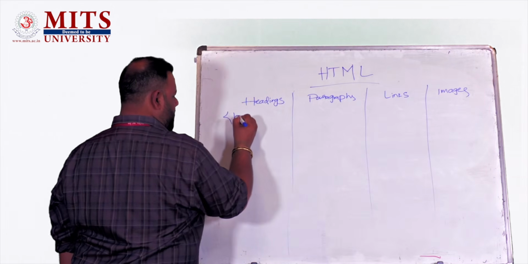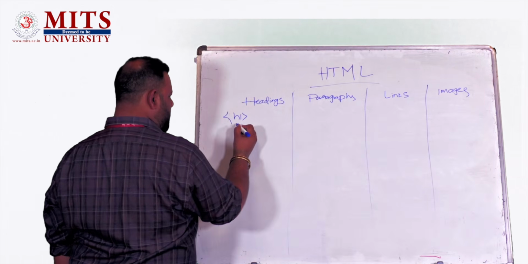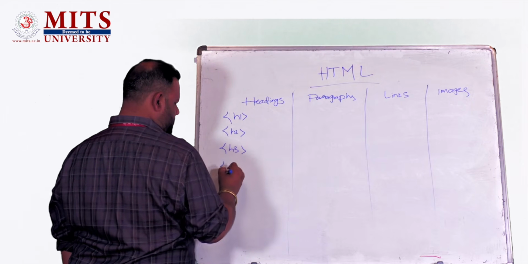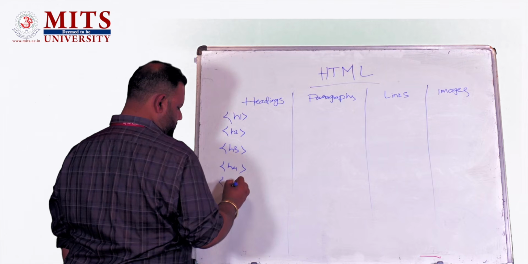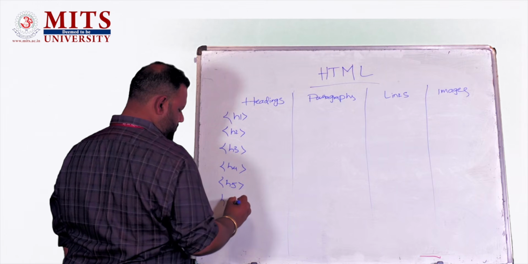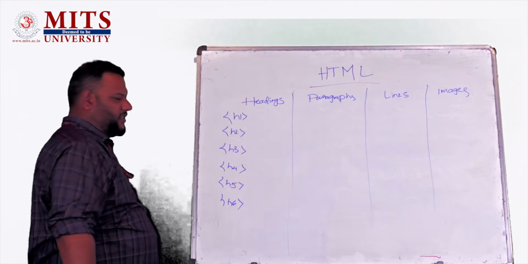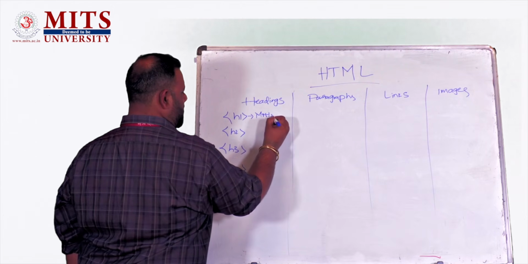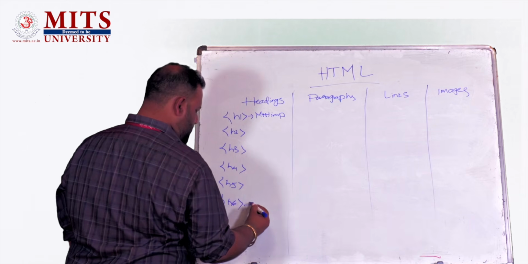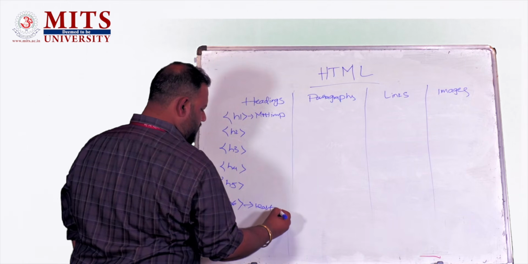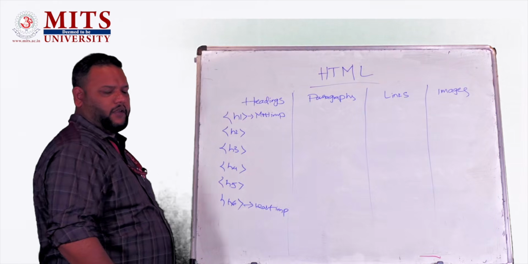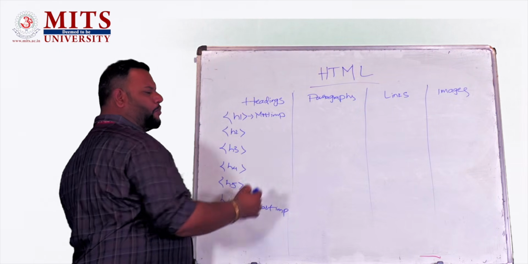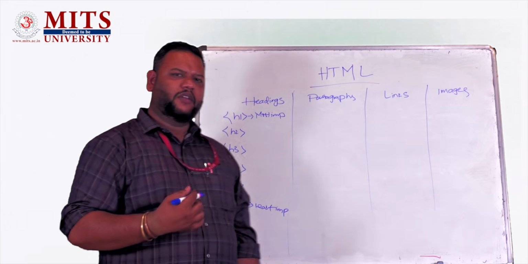So headings start from H1, H2, up to H6. H1 being the most important, H6 being the least important. Based on the number, the order of importance, the size of the heading is going to vary.